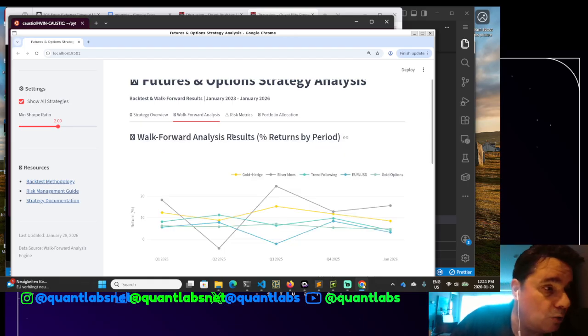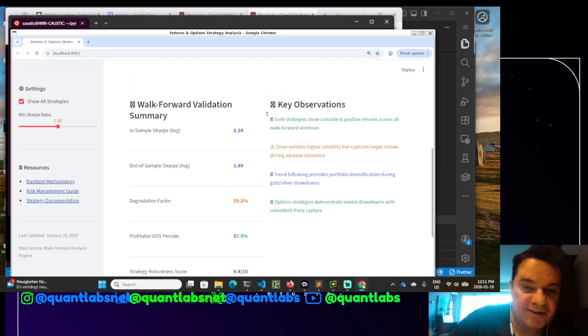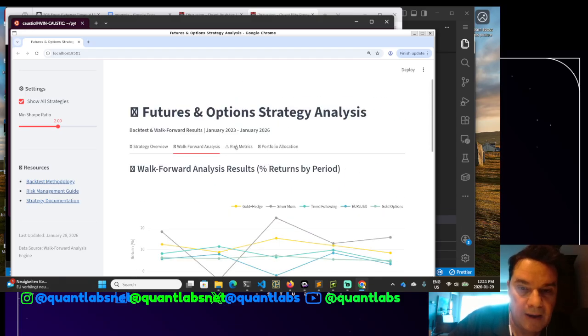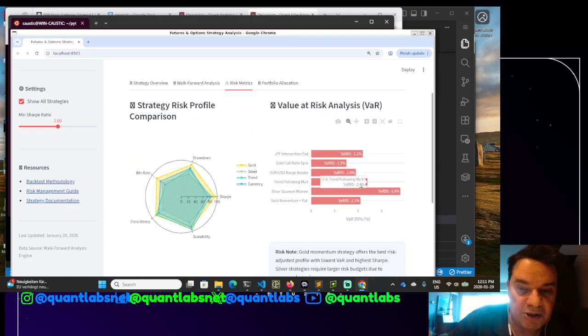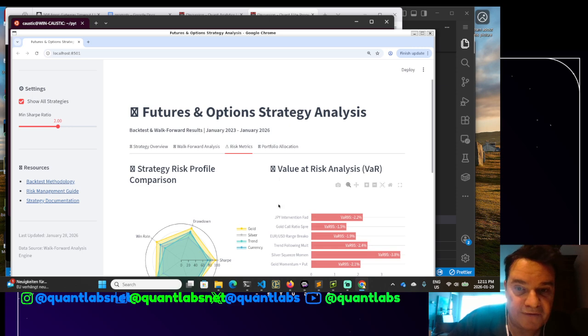It's not using any data whatsoever, just basing it on general news right across the board, from all the major news outlets to the independents to chat forums. It's basically measuring sentiment over a 24-hour period. Here you can see all the different walk forward analysis. It also gives me a risk metric as well. This is pretty powerful stuff.